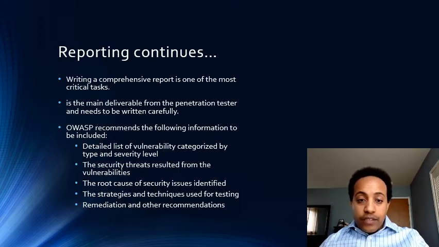There is some key information that needs to be included in the report, such as vulnerabilities categorized by type and severity level, the security threats, the root cause of the security issues, strategies and techniques used, and also countermeasures.